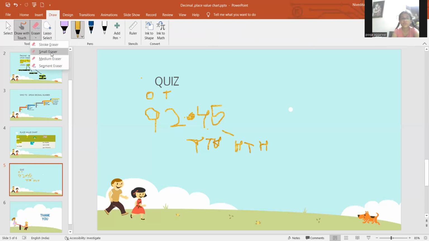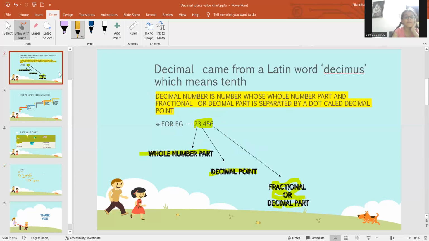So I will quickly do a revision. See here. From where did the word decimal come?